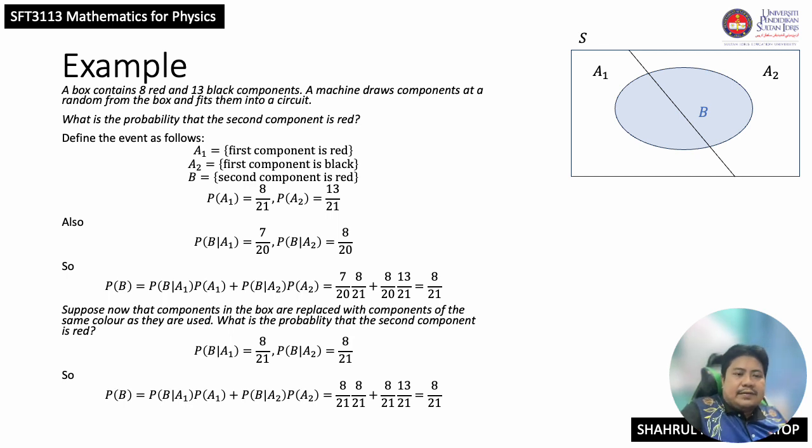Alright, so let's have an example. A box contains 8 red and 13 black components. A machine draws components at random from the box and fits them into a circuit. What is the probability that the second component is red? Let's say the first component red is A1, the first component black is A2, and B is the second component being red.